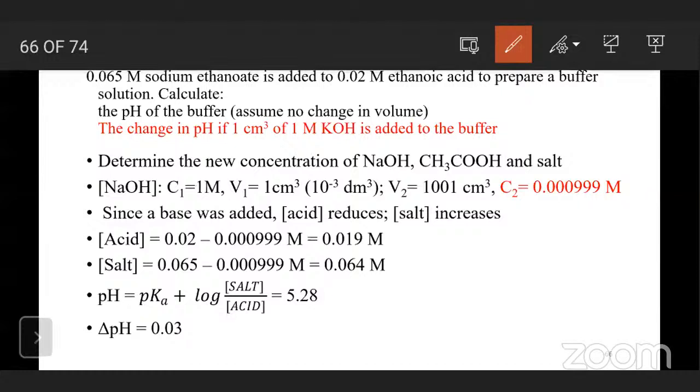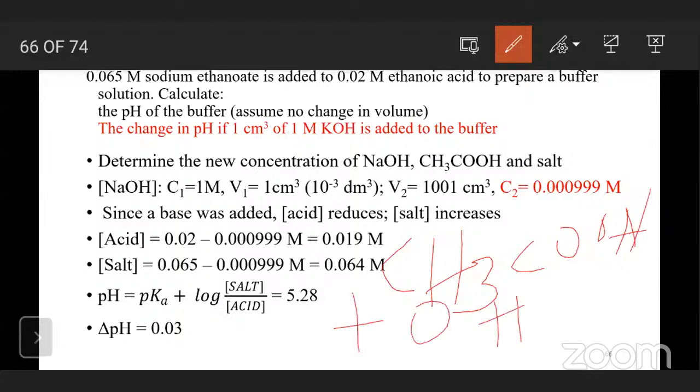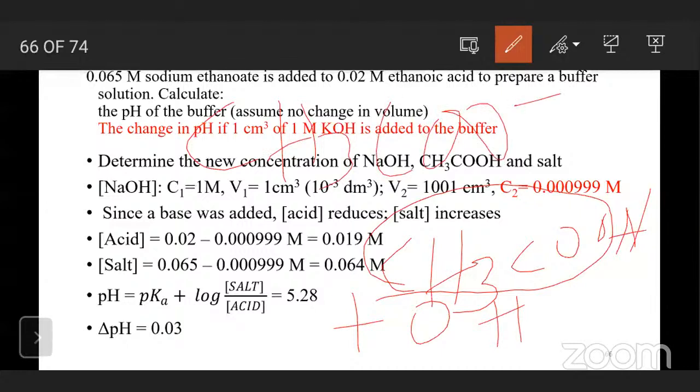Remember we said that when you introduce a base into a buffer solution, the base can interact with part of the acid you have in that medium. And what will you have at the end of this? You have more of the sodium of the salt ion. That is the anion, CH3COO minus. Possibly you have some water formed there.